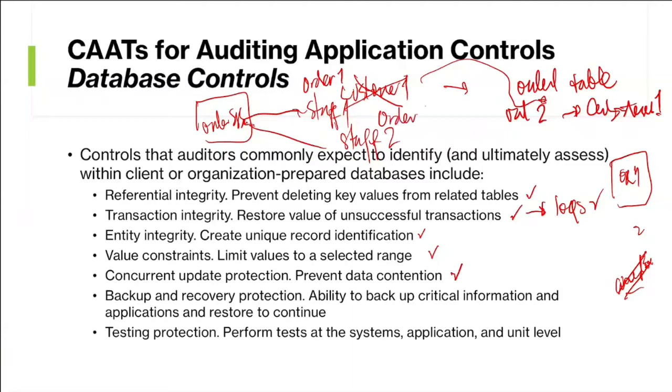Staff 2 should not be able to access and update order 1 at the same time. Next, important then, backup and recovery protection: the ability to back up critical information and applications and restore them to continue operations. And testing protection: perform tests at the systems, application, and unit level.